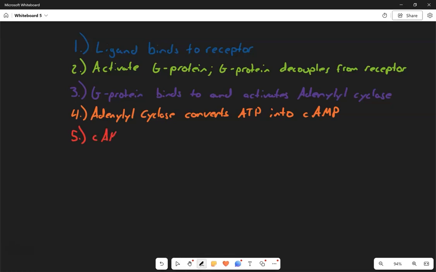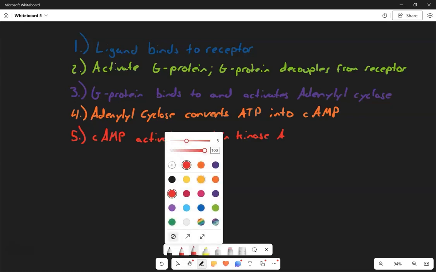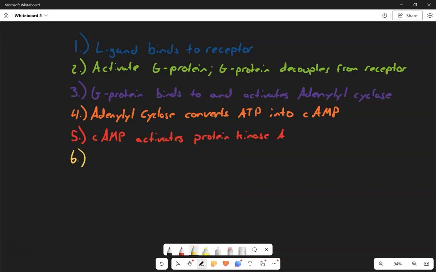Your cyclic AMP then activates protein kinase A, and then our protein kinase A phosphorylates a protein. And again, what that protein is depends on the cell. Okay? So those are your steps to the cyclic AMP pathway.